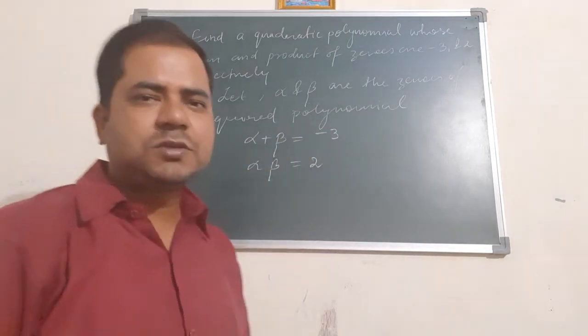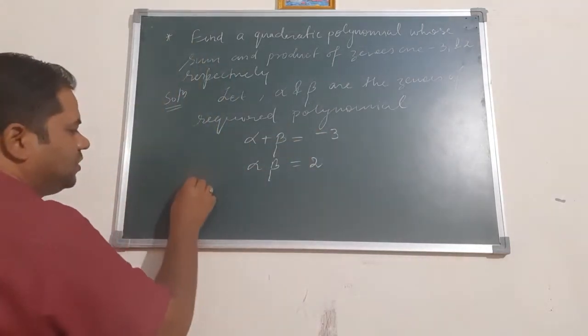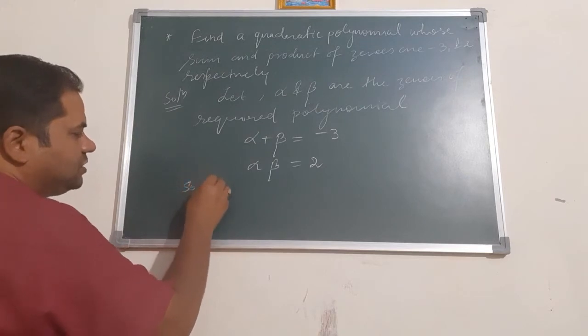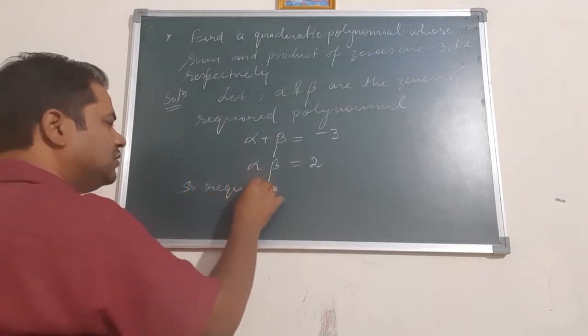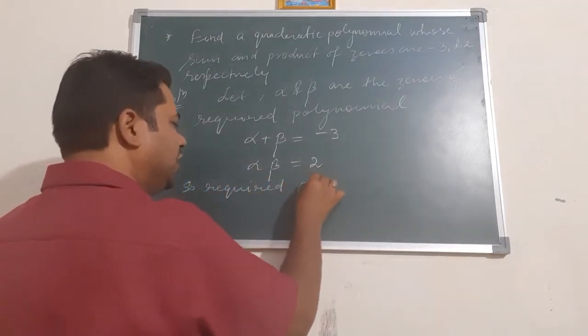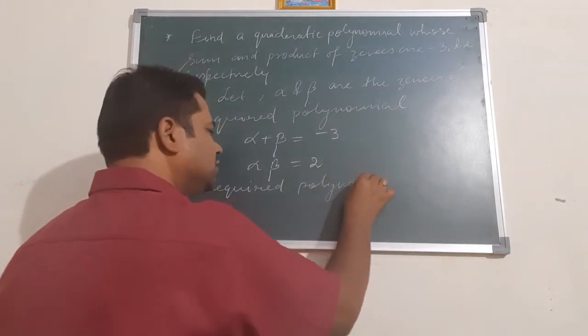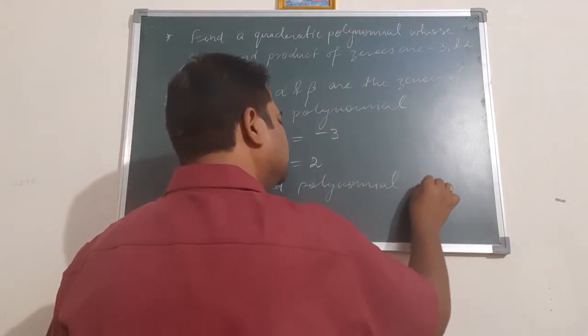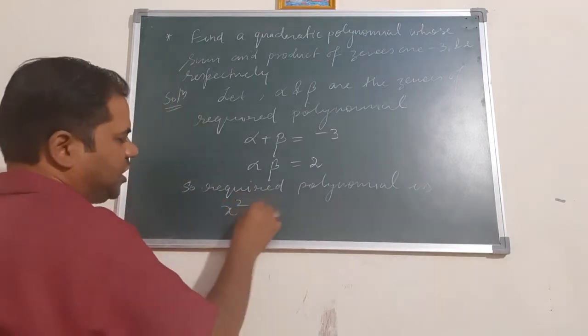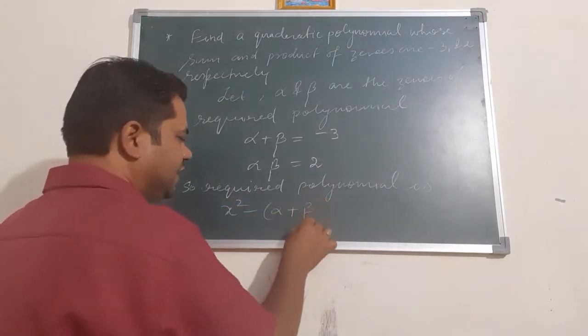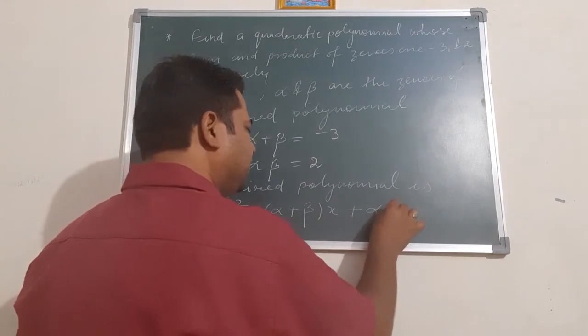Okay, so what is the polynomial? The required polynomial is x square minus (alpha plus beta) x plus alpha beta.